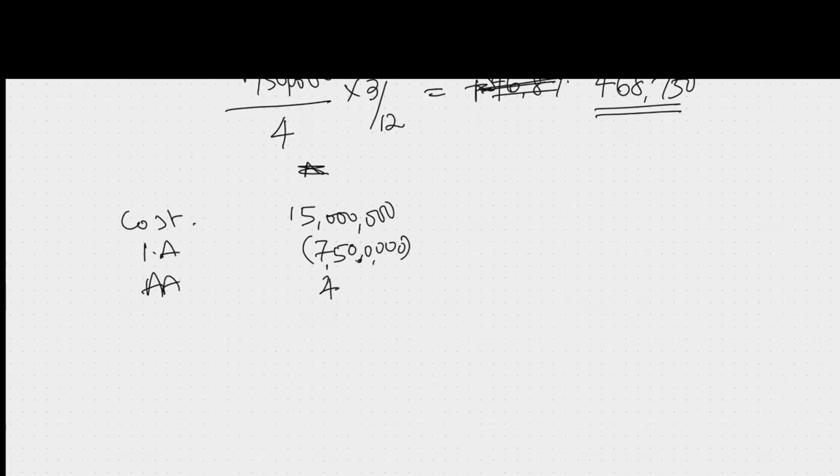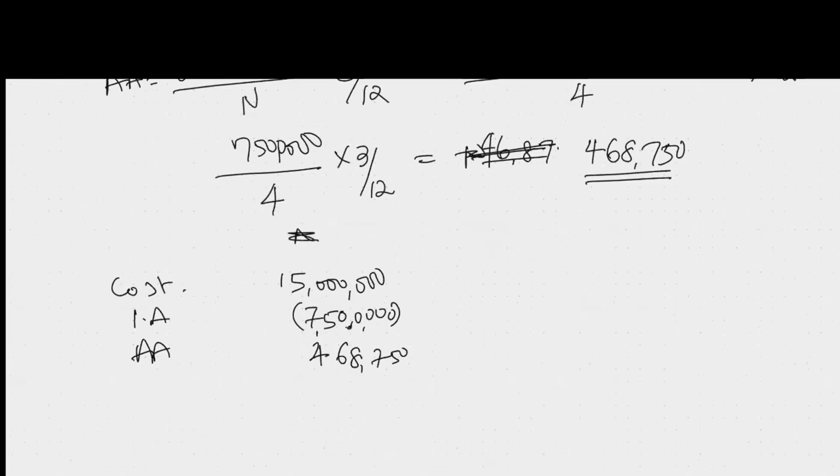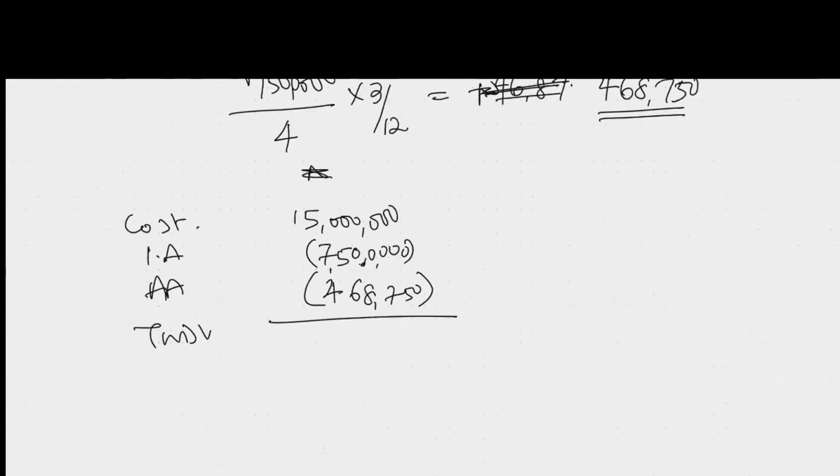If I subtract that, I have the tax written down value. Give me my value. What do you have? 281,250.